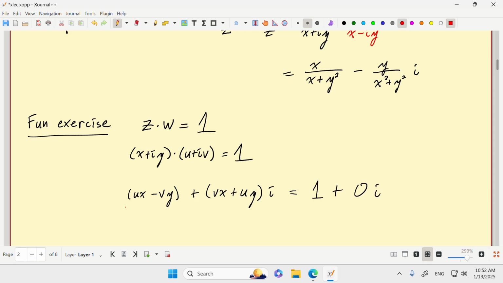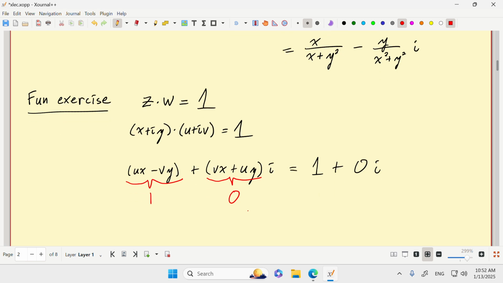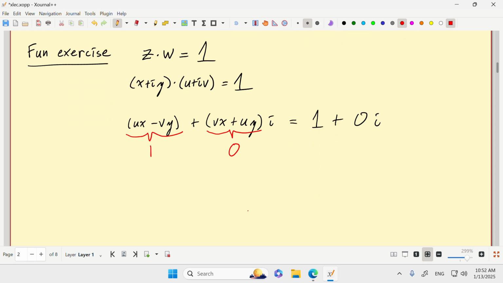And so if you want to find an inverse to, say, z, then this thing needs to be 1, and this thing needs to be 0. Those are two linear equations in, say, the x and the y. And you can use Cramer's rule to solve them.